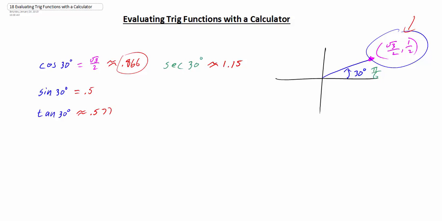All right, and then for the cosecant of a 30-degree angle, that's the reciprocal of our sine function over here. So on the calculator, in order to get this, we're going to have to type in 1 divided by the sine of 30 degrees.